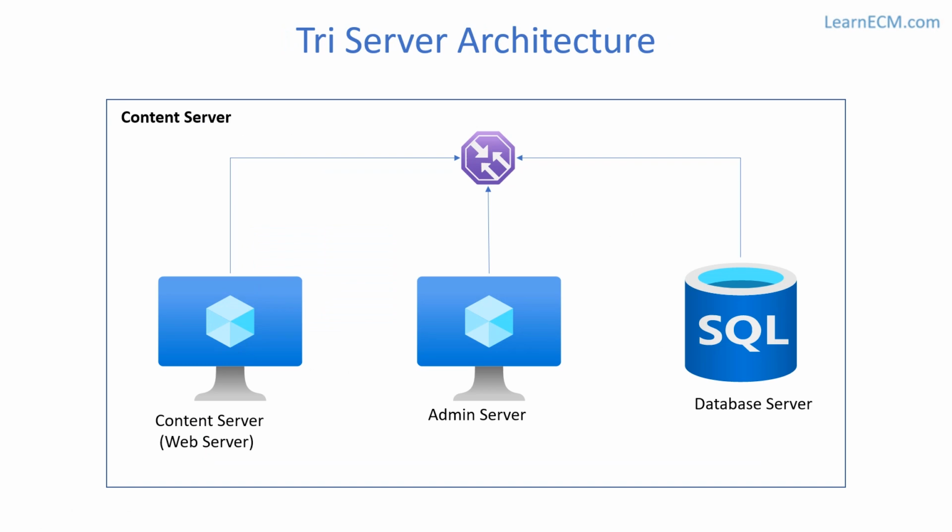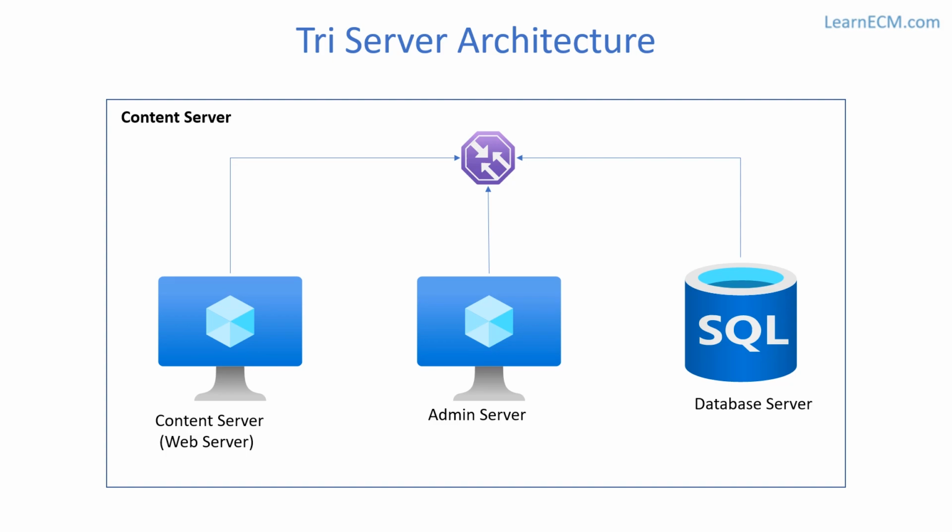Then comes the tri-server architecture. Here we already have a database server on a separate machine. Now we will separate out the content server and the admin server onto two different machines. One will host the web server along with the content server, and the second server will be used for backend processes that we call the admin server.